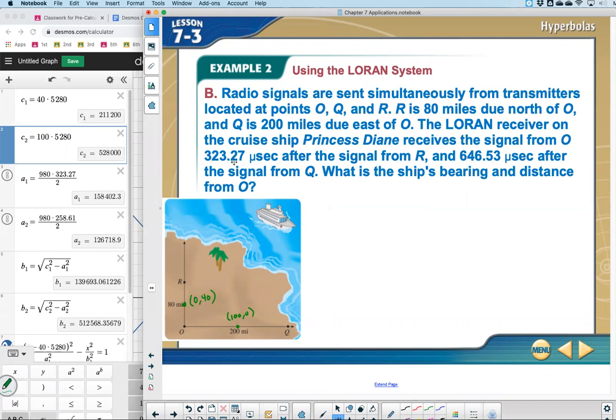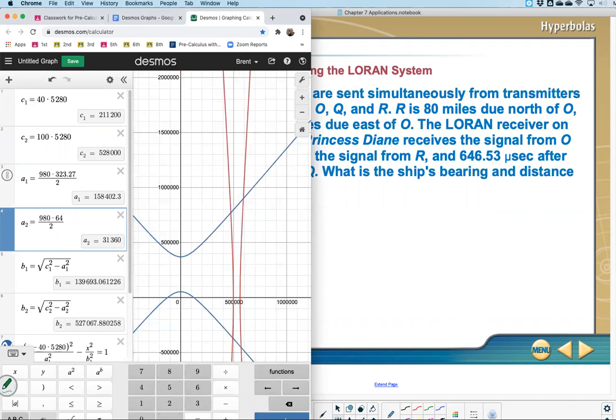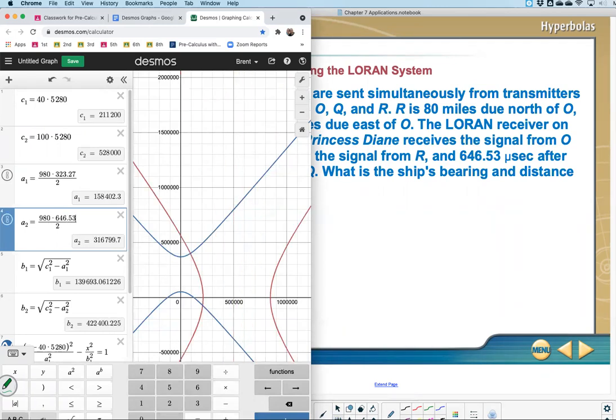So the first value, O to R, is 323.27, which I kept the same. But this time I changed the second value. So it'd be 646.53.